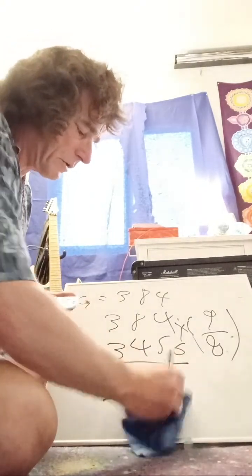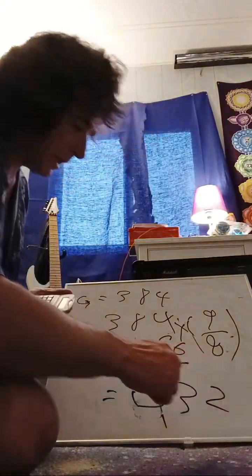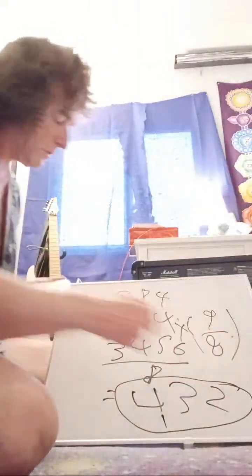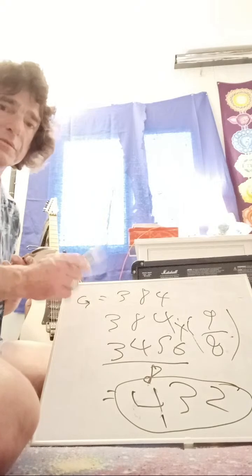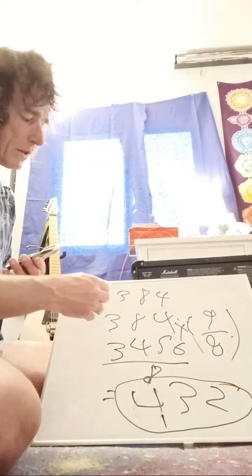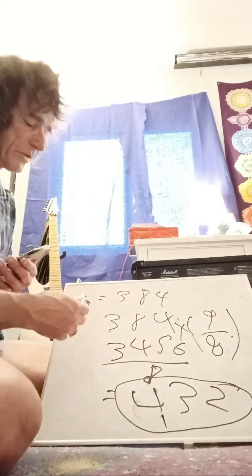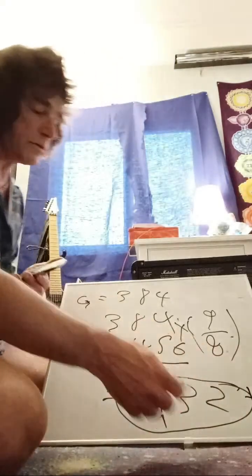I can't write a 4. 432. So if middle C is 256 hertz, which we get from the fact that 256 is 2 to the 8th power, I'm not sure how that relates exactly, then the A above middle C is 432 hertz, not 440.